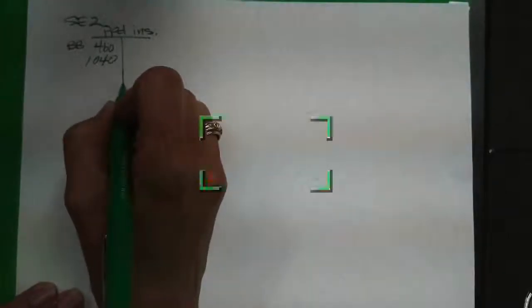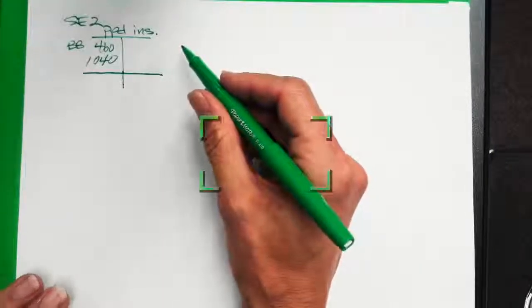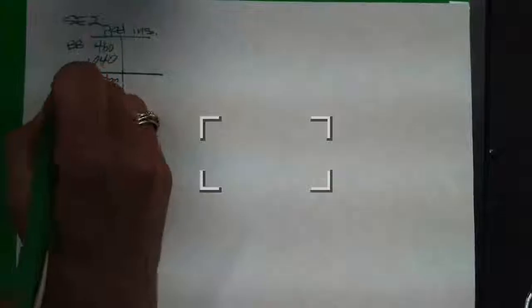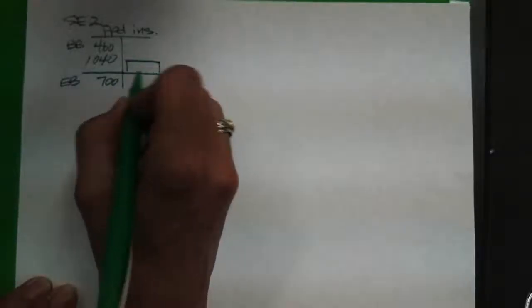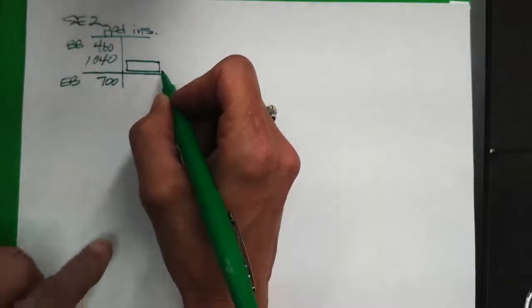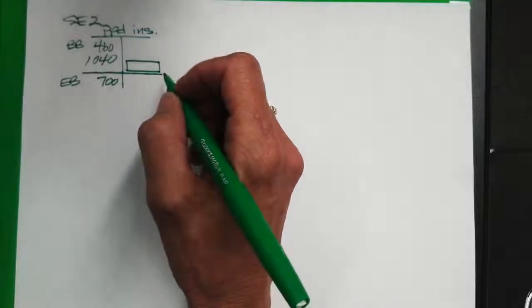What you have to watch for in these problems is what piece of information they are giving me. Are they telling me how much is expired, or what is still left unexpired? They're telling us that $700 is still unexpired at the end of the year, and that should be our ending balance. So we need to solve for how much prepaid insurance needs to be taken out of prepaid and moved to insurance expense, because it's not prepaid anymore.